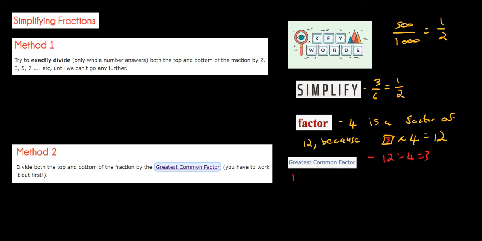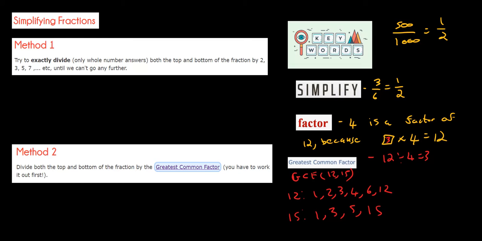So the greatest common factor. Let's have a look at an example: the greatest common factor of 12 and 15. Let's list the factors of 12. We've got 1, 2, 3, 4, 6, and 12. Let's list the factors of 15. We've got 1, 3, 5, and 15 itself.